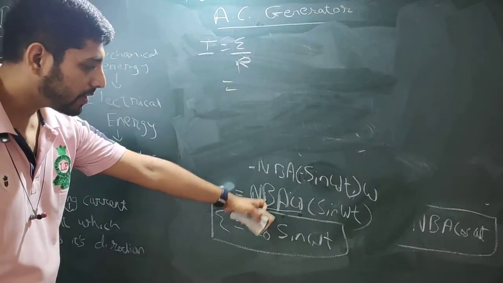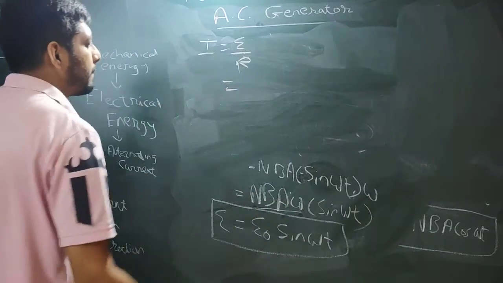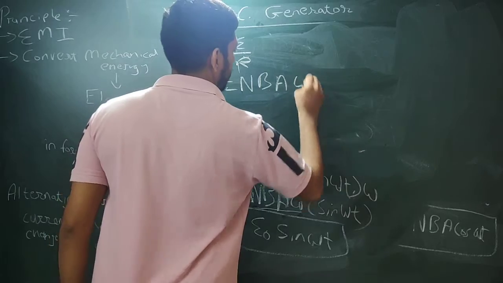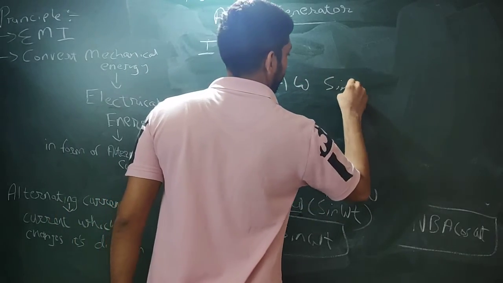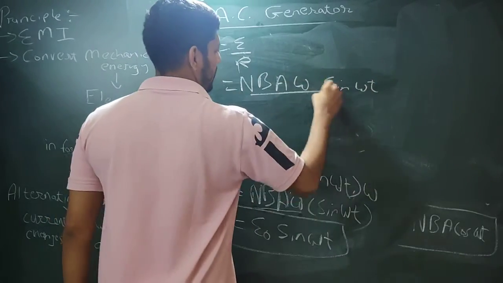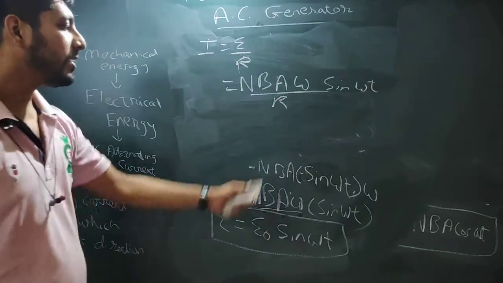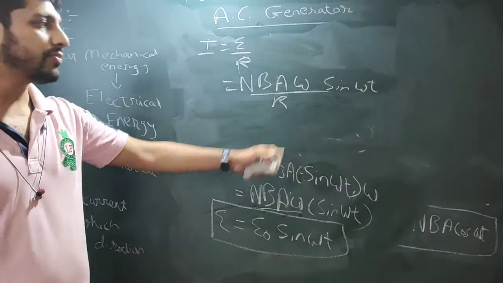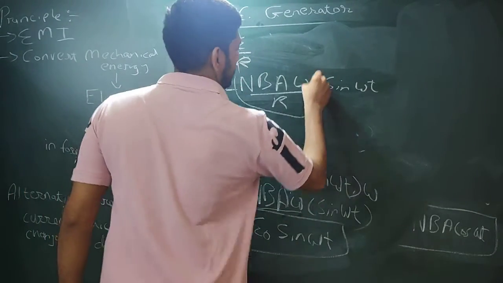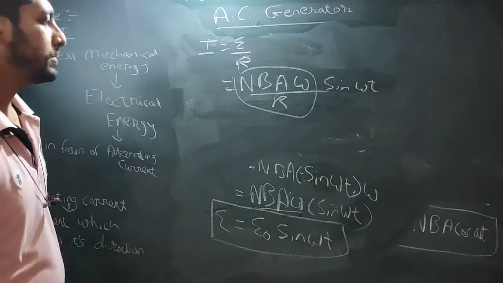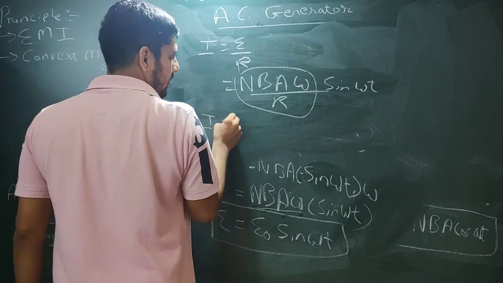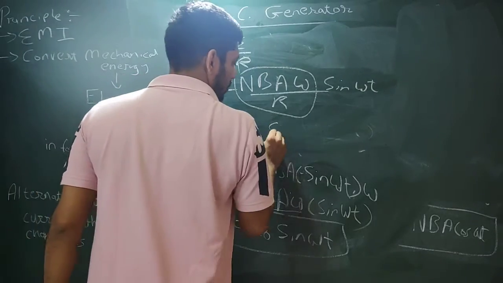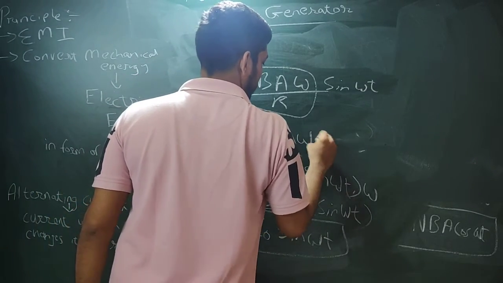I can take it from over here: NBA omega sine omega t, whole divided by R. R is the resistance of the material, that is constant, that does not depend on change in flux. So this term will become constant over here. So I can write that term as I0. So I equals I0 sine omega t.